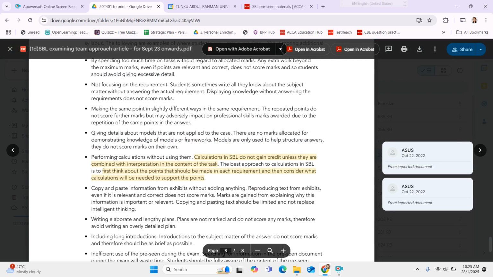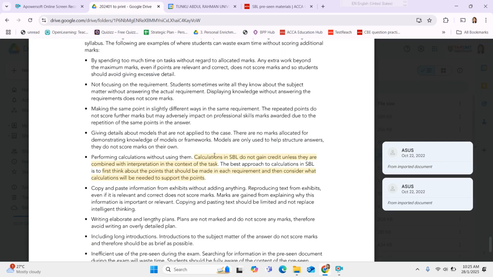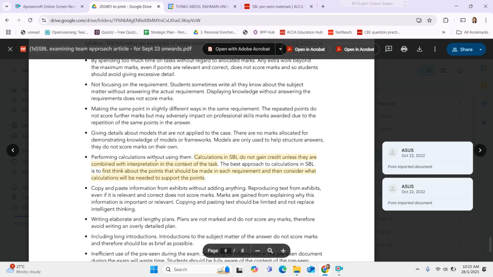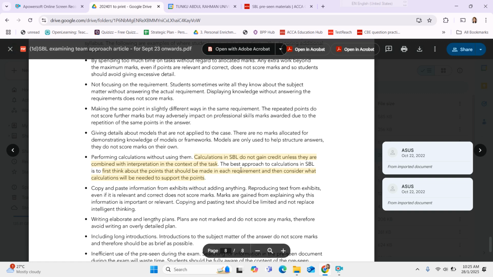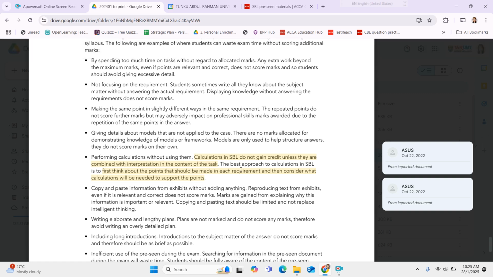Okay, performing calculations without using them. Calculations do not gain credit unless they are combined with interpretation. Now, having said that, in SBL questions, if you are given figures, you are expected to use them. This is what the examiners mentioned.